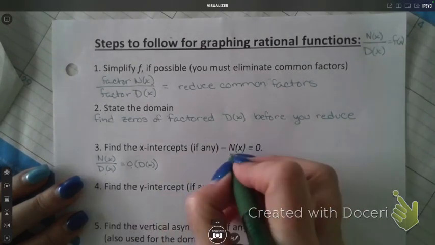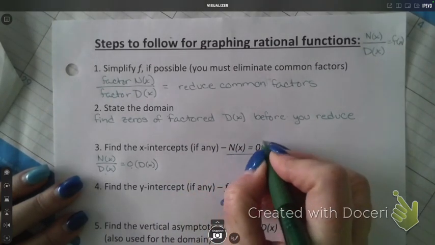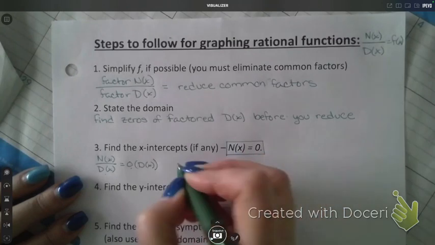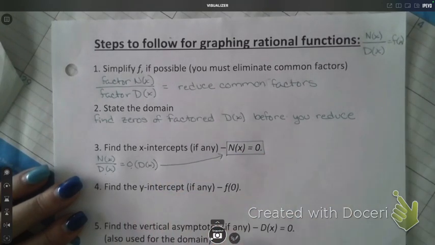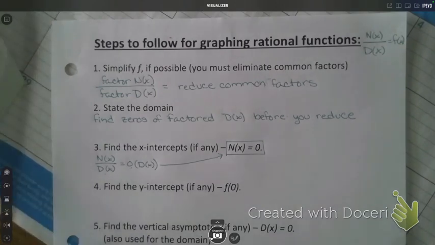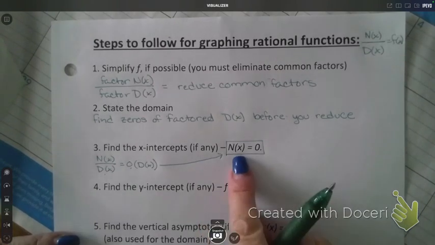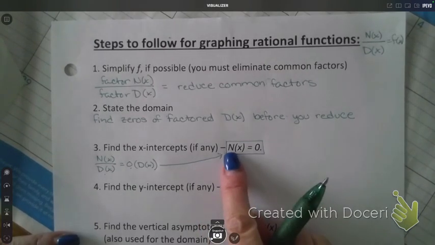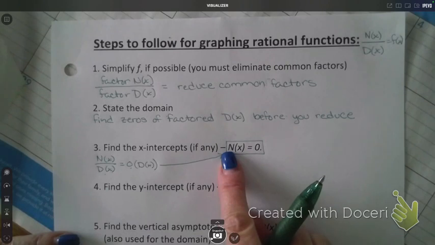So really what you have is n of x equals 0. When you multiply over by the denominator, the denominator zeros out. So you really only need to set the numerator to 0. Remember, n of x is the numerator function.